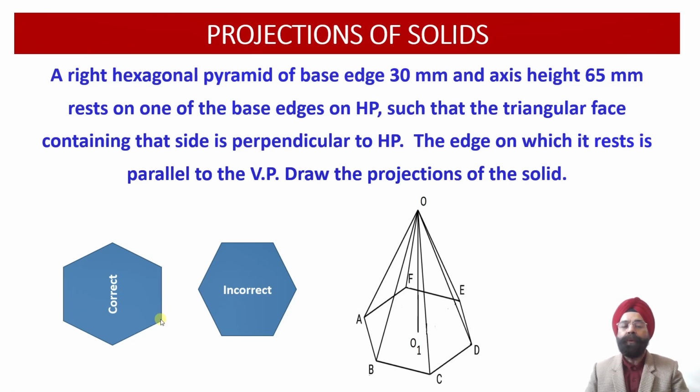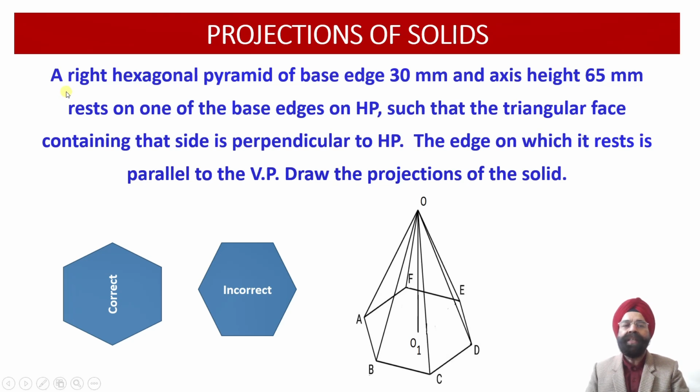So once we rotate the top view projections by 90 degree, this edge DE will become parallel to the vertical plane. So this is the case of a hexagonal pyramid which is initially inclined with respect to the horizontal plane, and further it is inclined or rotated with respect to the vertical plane at an angle of 90 degree.